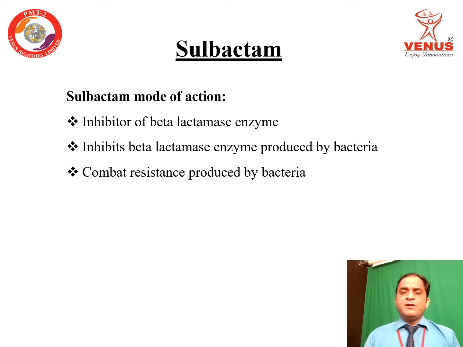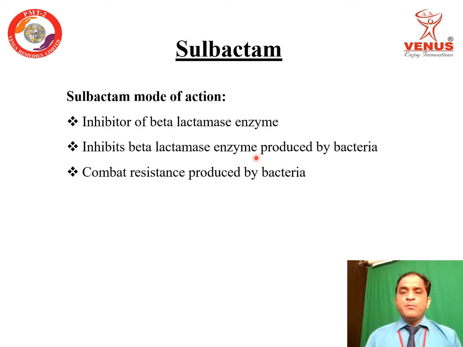So after sapipine, now we'll discuss the mode of action of sulbactam. Dear friend, sulbactam is an inhibitor of the beta lactamase enzyme, and sulbactam inhibits the beta lactamase enzyme which is produced by bacteria.